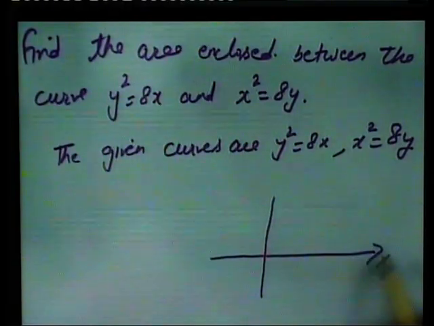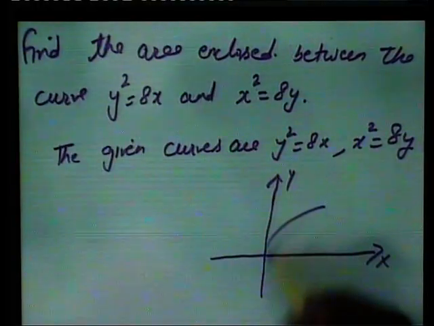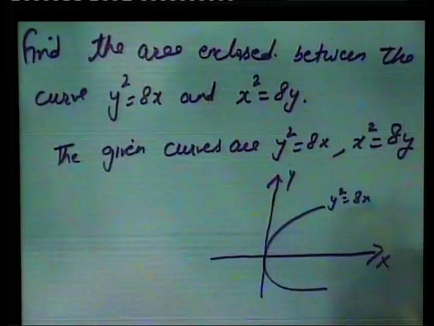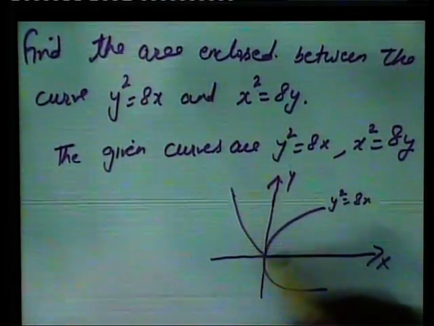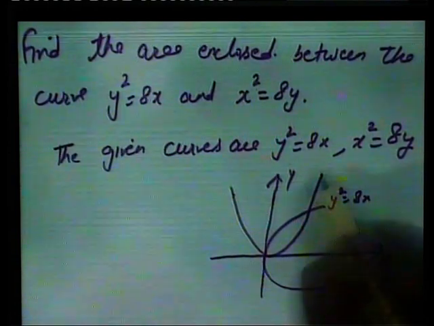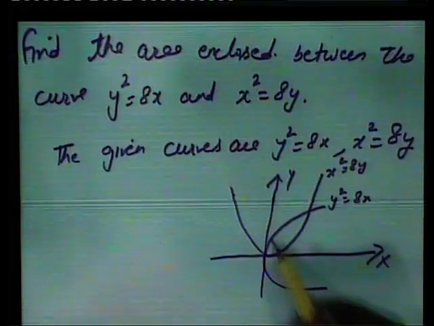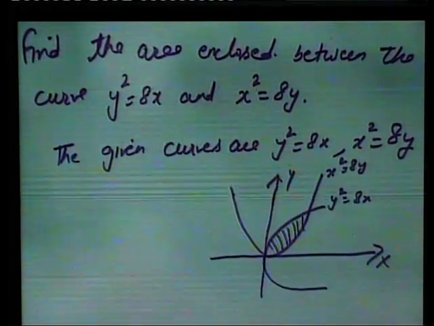Y square is equal to 8x is a right handed parabola and x square is equal to 8y is an upward parabola. We have to find the area enclosed between these two parabolas.